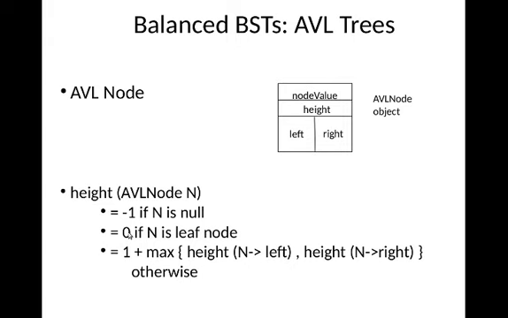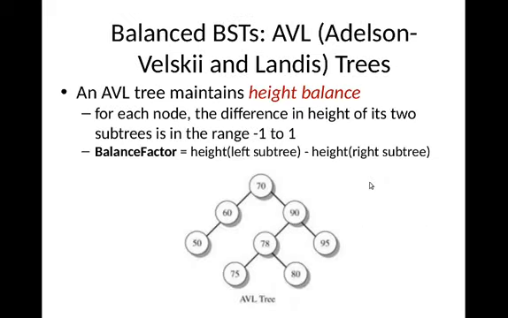For any other internal or non-leaf node, its height is defined as 1 plus the maximum of the height of its left child and the height of its right child. As we are required to keep track of the height of every node, the AVL tree node structure has an additional field called height.